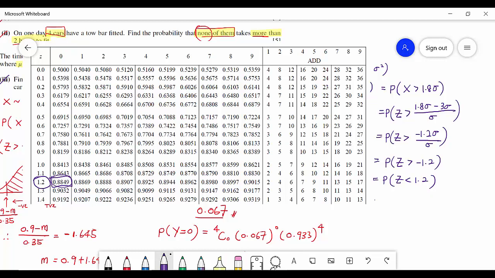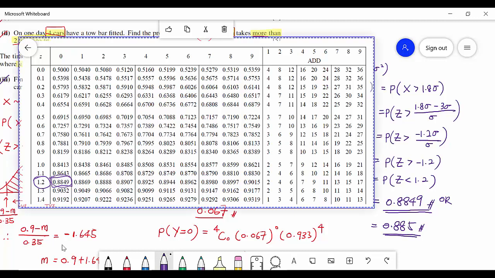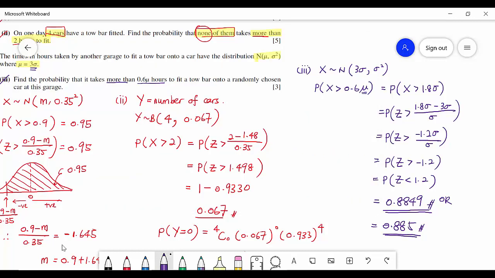So which is very straightforward. The final answer for this one will be 0.8849. Okay, or you can change it to 3 significant figures, which is 0.885. Right, so this is how we actually answer question number 7.